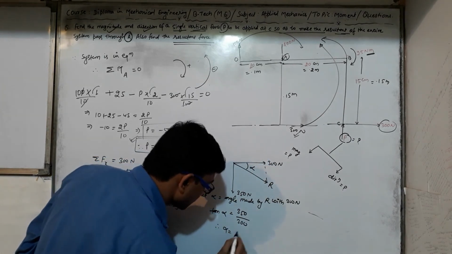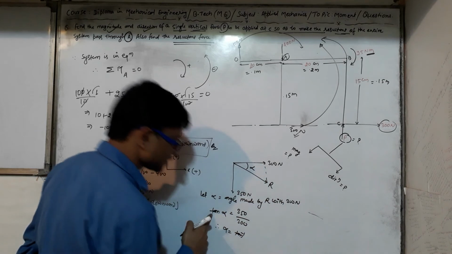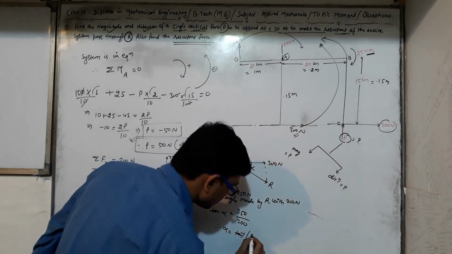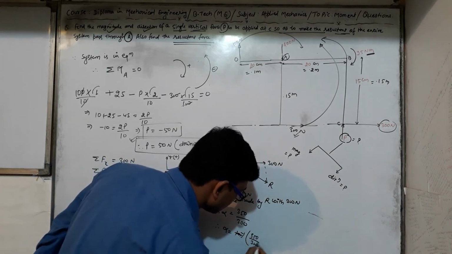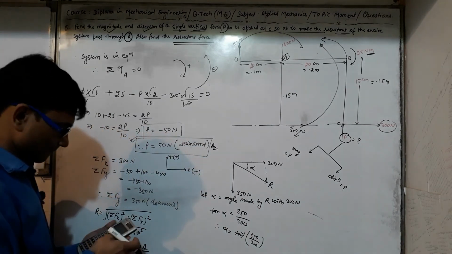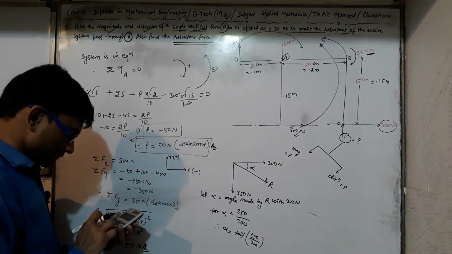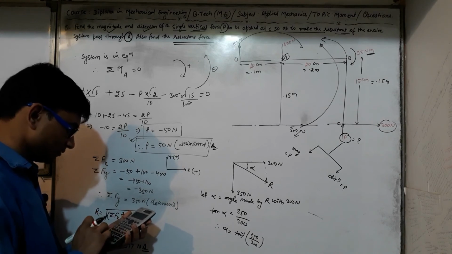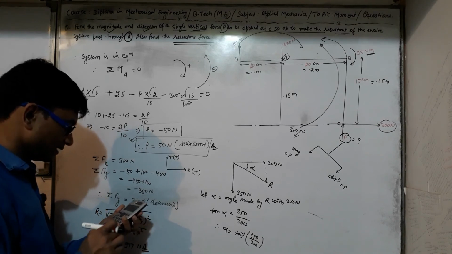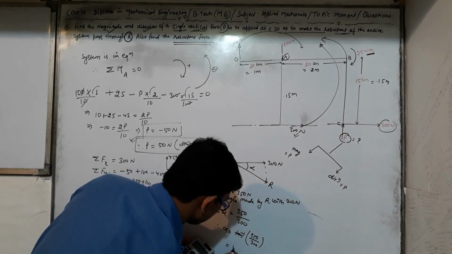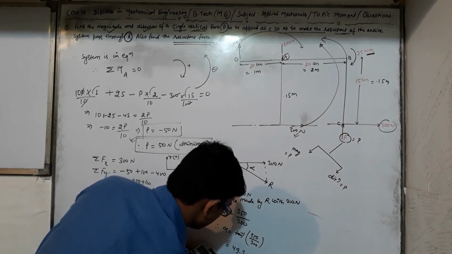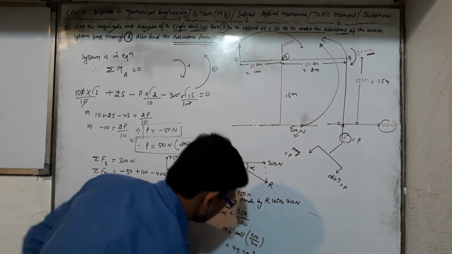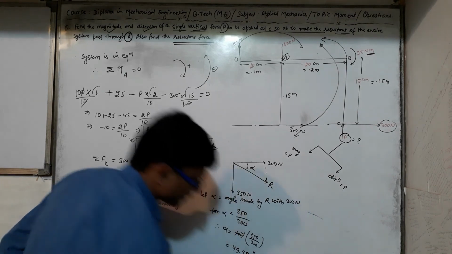So alpha becomes tan inverse of 350 divided by 300, which is 49.398 degrees. So this is the direction.